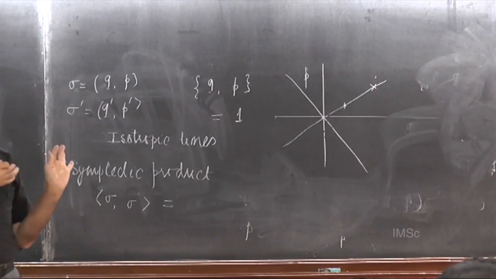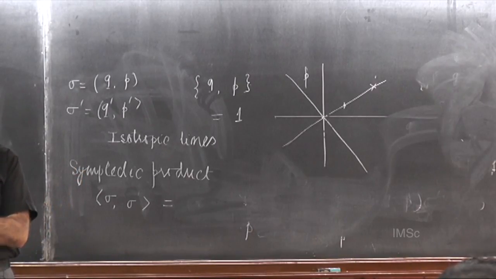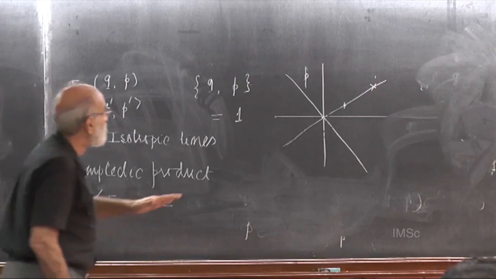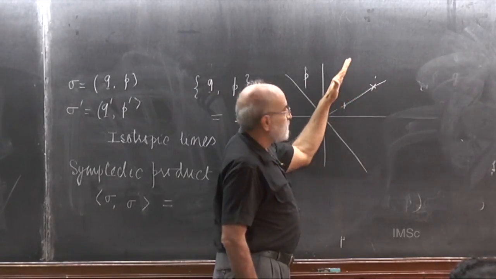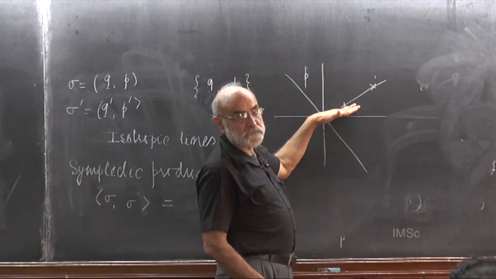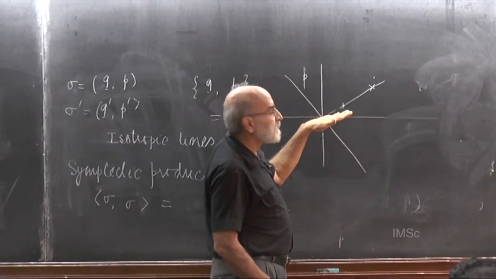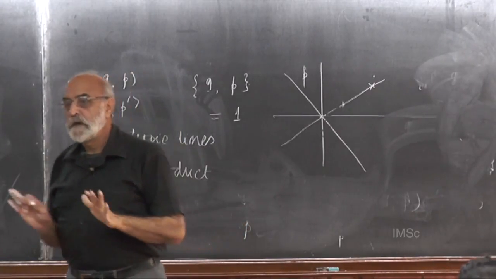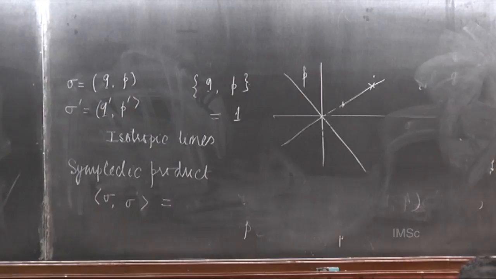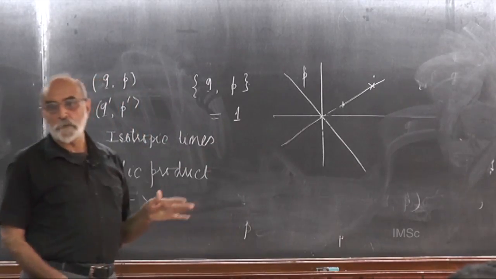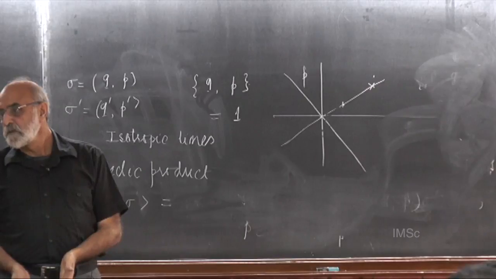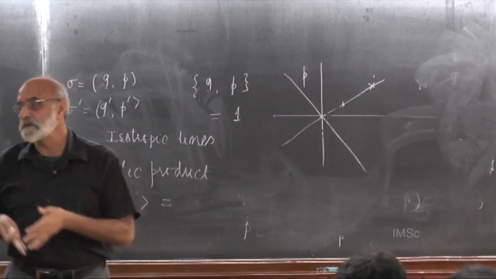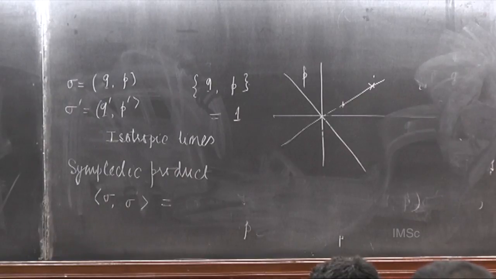You would think that this entire operation on phase space is a rotation. No, it is more than that, because it takes a line to a line. Under rotation, the point will go to another point, but there may also be other operations like scaling involved. So this group has both aspects built into it, rotations and scaling of Q and P. Is that clear?